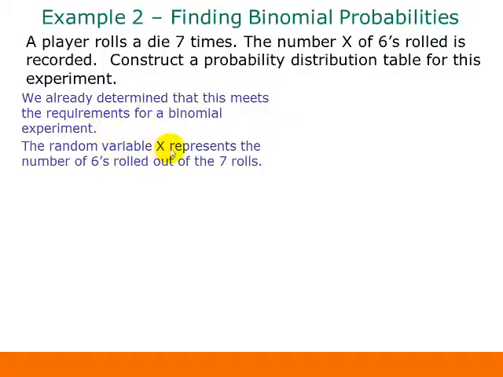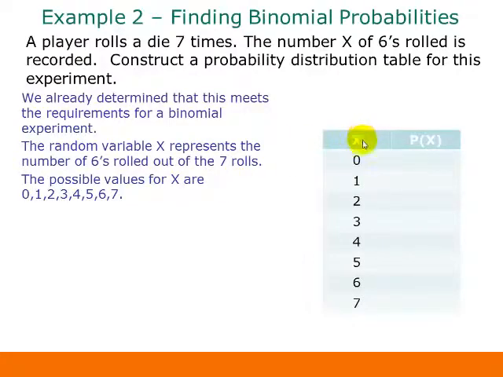So our random variable x represents the number of 6s rolled out of the 7 rolls of the die. That means our possible values for x are anything from 0 up to 7. So 0 would be if we got no 6s in our 7 rolls. A 3 would be if we got 3 6s out of the 7 rolls. 7 would be if we got a 6 on every roll.